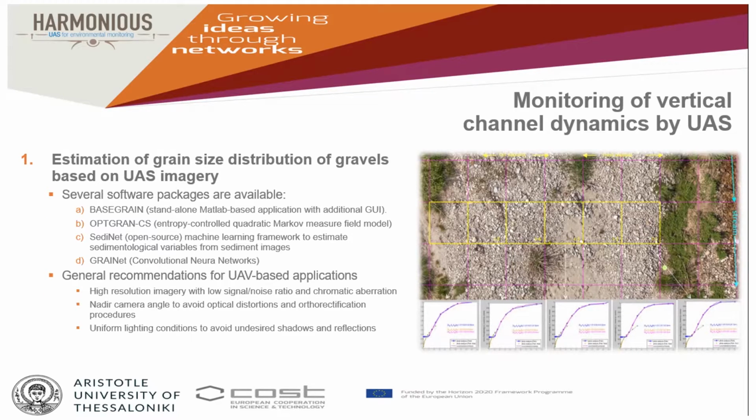And now, with the recent advancements, such as the inclusion of machine learning and convolutional neural networks, we can not just rely on stationary hovering and selecting several small samples.